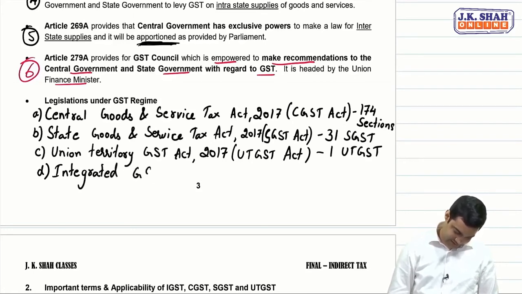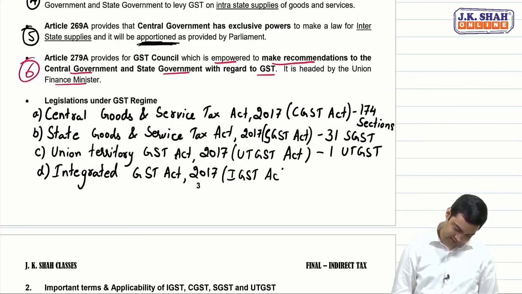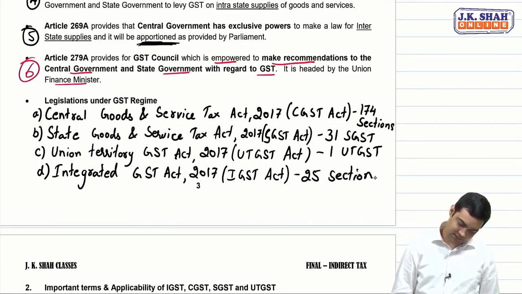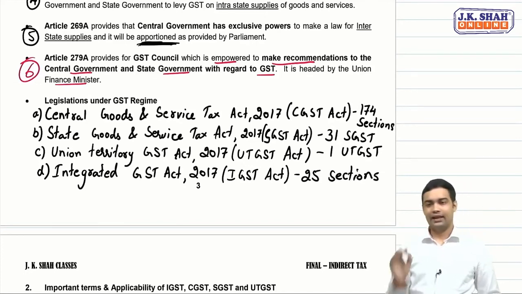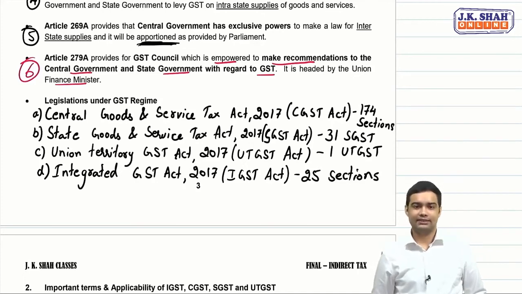Integrated GST Act 2017, within bracket IGST Act. Totally contains 25 sections, deals with complete transactions of interstate supply. So entire ambit of interstate supply is covered by this particular aspect.